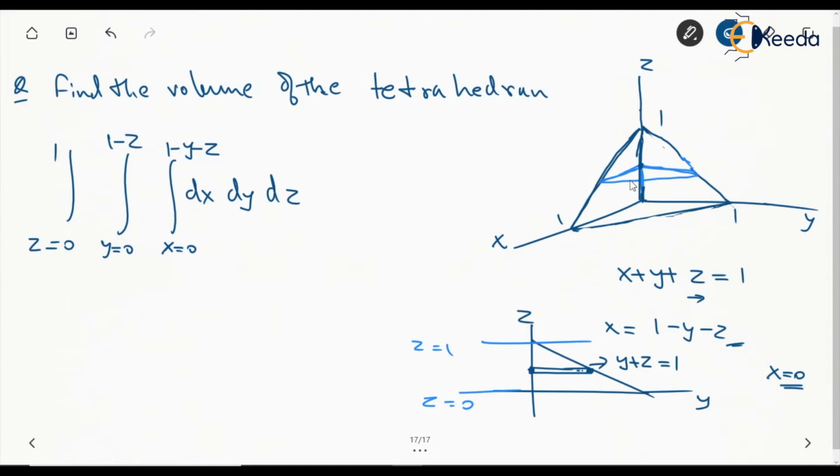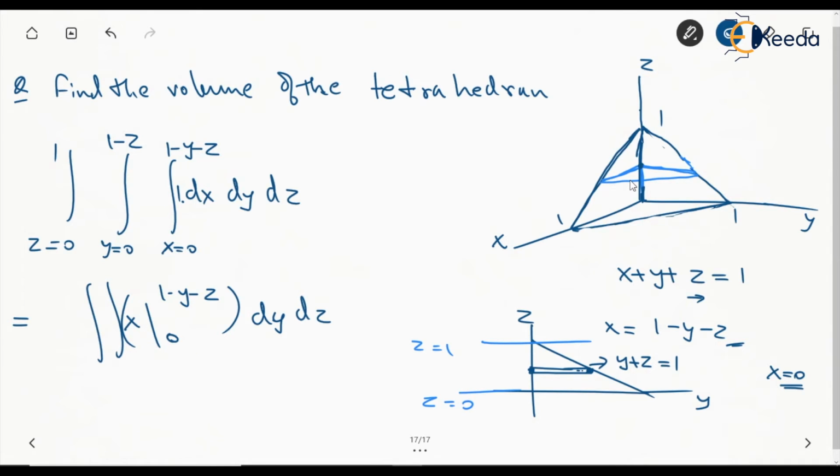Now all we have to do is integrate in terms of x, then y, then z. So integrating in terms of x, we have only one constant, so we can directly put the limits. The integration of dx will give you x, and the limits for x as 0 and 1 minus z, then integration dy and then dz.